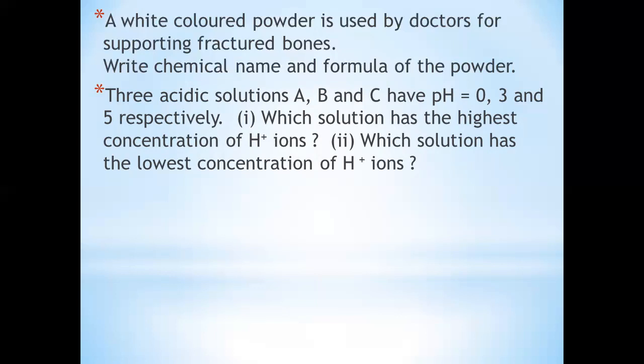If pH is higher, the hydrogen ion concentration is lower. The solution that has the highest concentration of H positive ion is A, with pH 0. And the solution that has the lowest concentration of H positive ion is C, with pH 5.